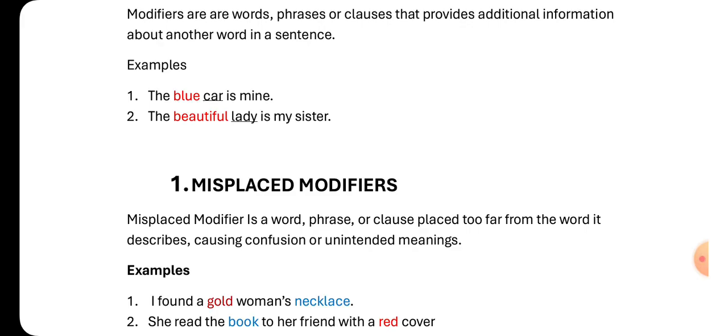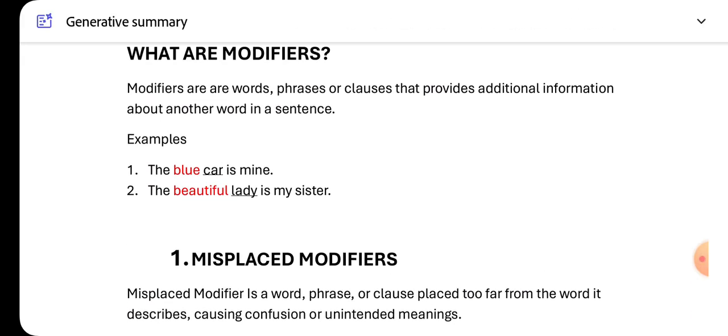Let's assume in the example I gave, if I say the car blue is mine, it will create confusion. Do we have something called car blue? No. It creates confusion.